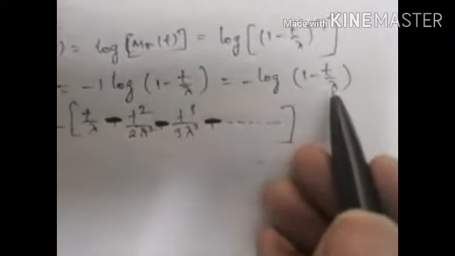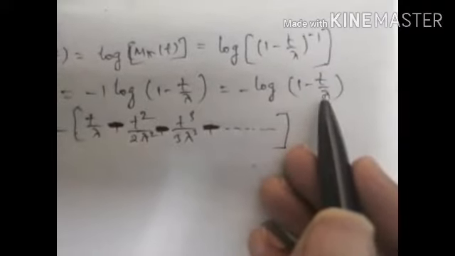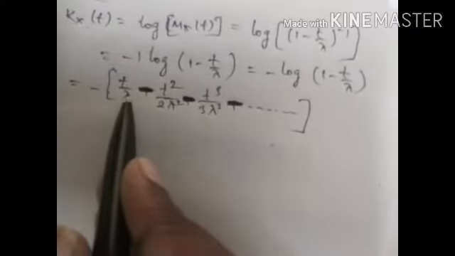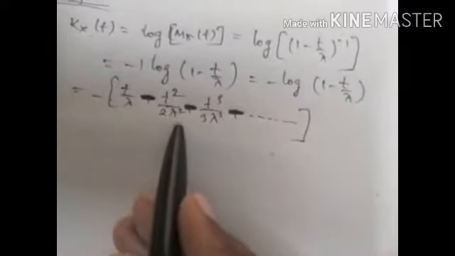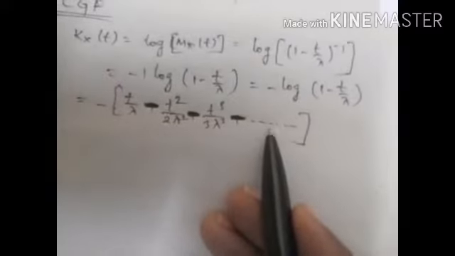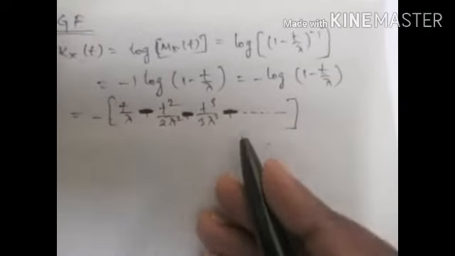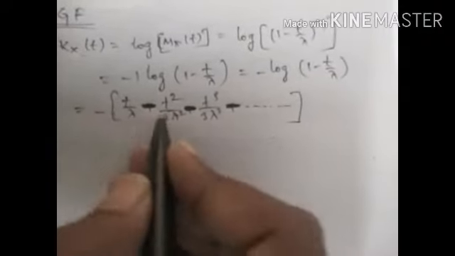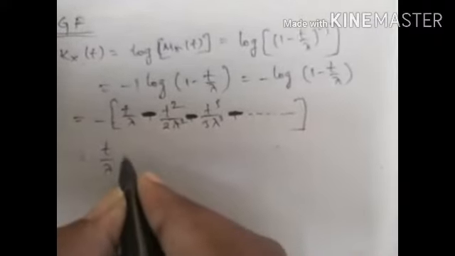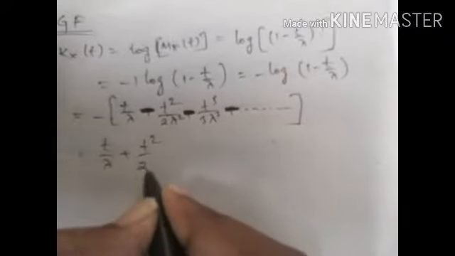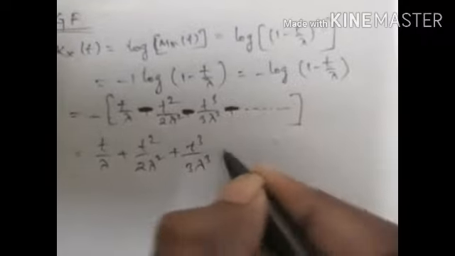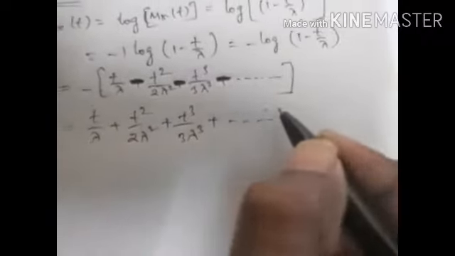Here the x term in 1 minus x means t by lambda is the x term. So minus of t by lambda minus t square by 2 lambda square minus t cube by 3 lambda cube minus t power 4 by 4 lambda power 4, and so on. Now multiplying by the minus inside, we get plus t square by 2 lambda square plus t cube by 3 lambda cube, and so on.